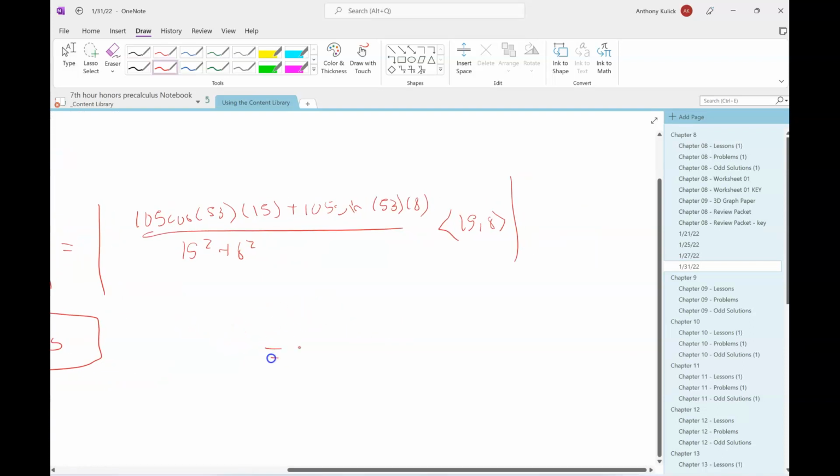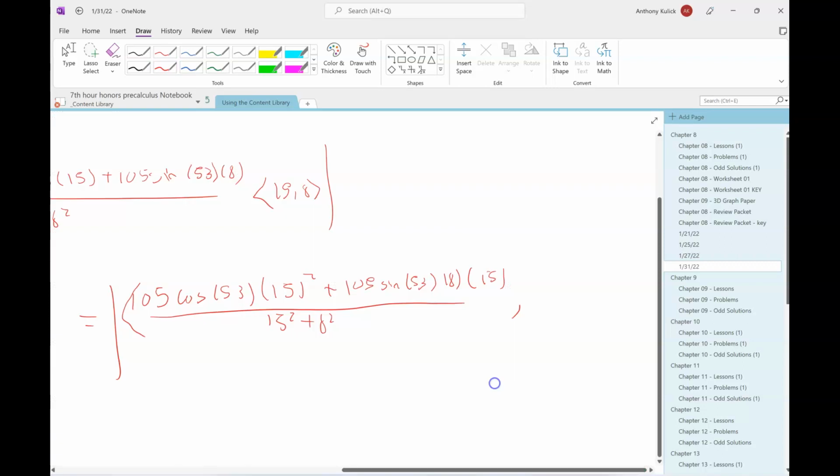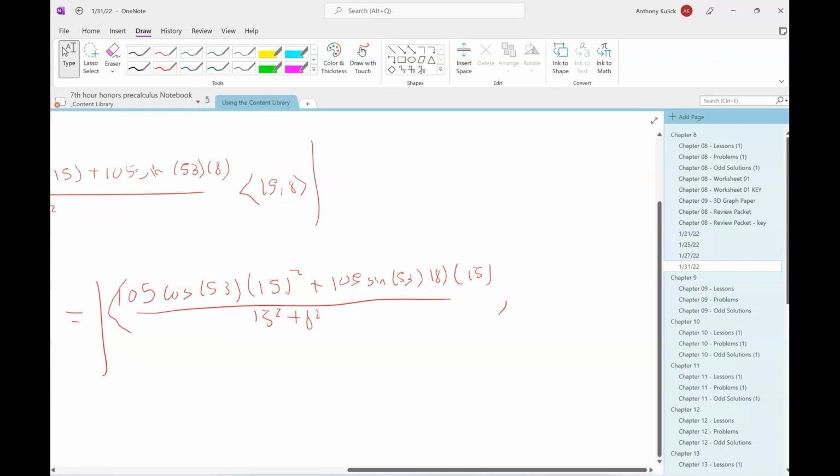So when I do that, I have 105 cosine 53 times 15 squared plus 105 sine 53 times 8 times 15 all over 15 squared plus 8. You're just multiplying it. However you want to type it in the calculator, whether you do it in a bunch of steps or one step, it doesn't really matter. You know what I mean? Yeah. Just use the fraction command, but I'm just using the definition of the dot product and the definition of magnitude.